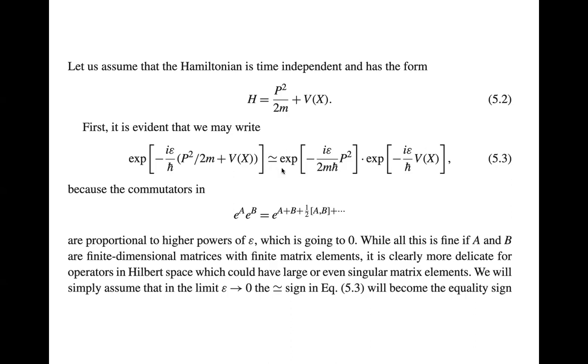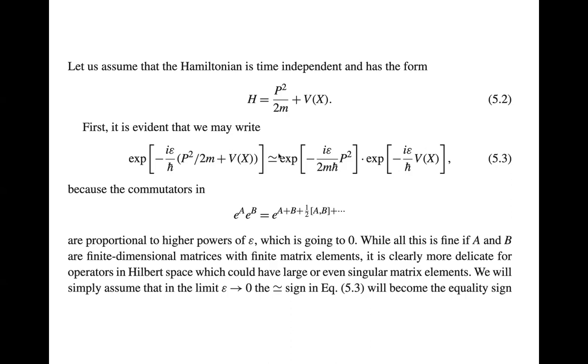The reason is that the kinetic energy p squared over 2m and the potential energy of the particle do not commute. The momentum operator P and the position operator X do not commute.